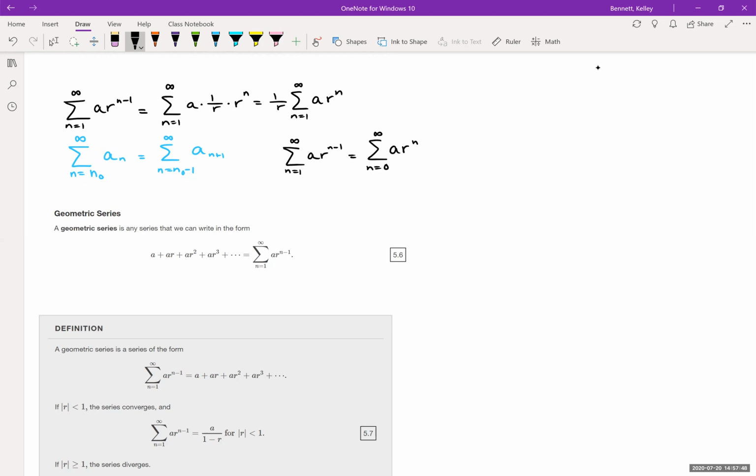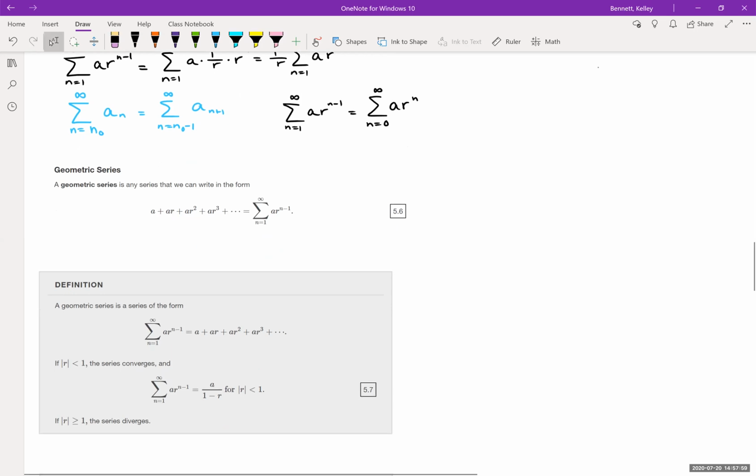So you may also see the geometric series in this form. And the reason this is important is we have a formula to determine the value of a geometric series. So we were able to determine when it converges, and moreover, we know the value to which it converges.